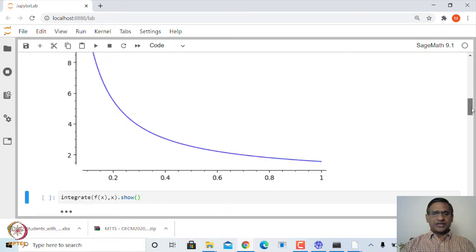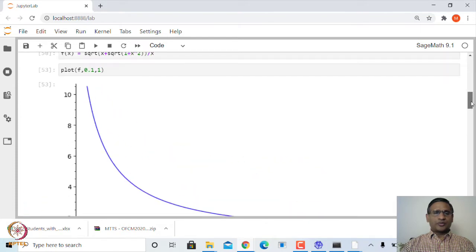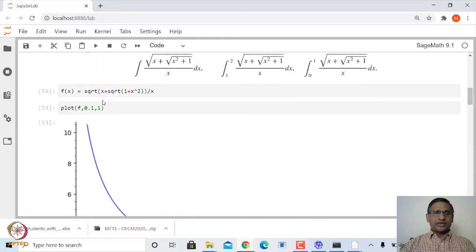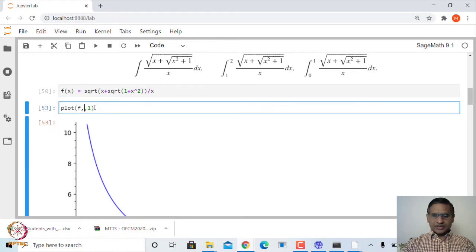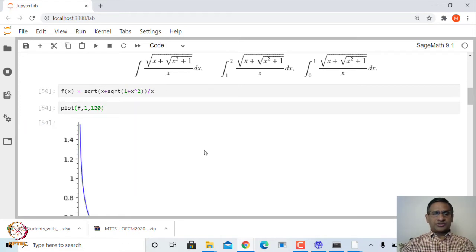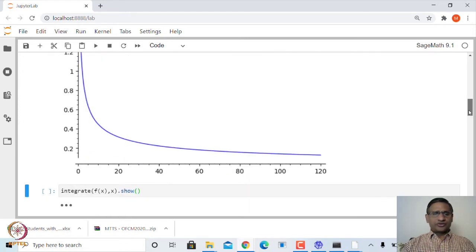Yeah, that is how the graph looks between 0.1 and 1. If I plot the graph between 1 and, let us say, 20, this is the graph. You can see here this goes very close to 0, right.